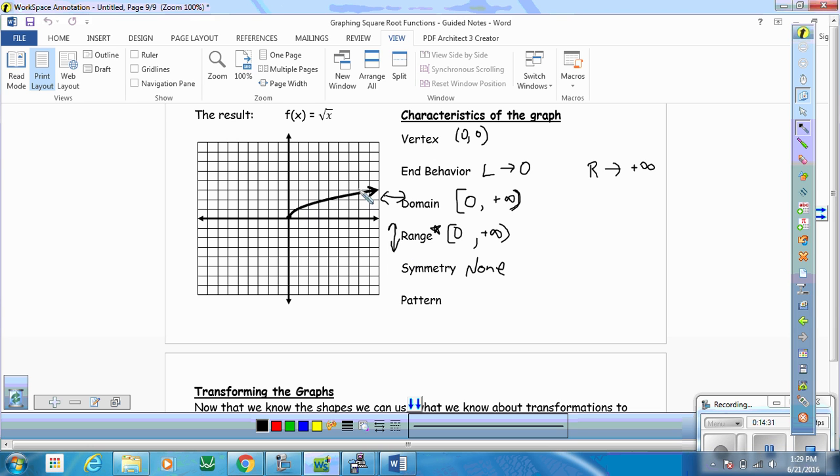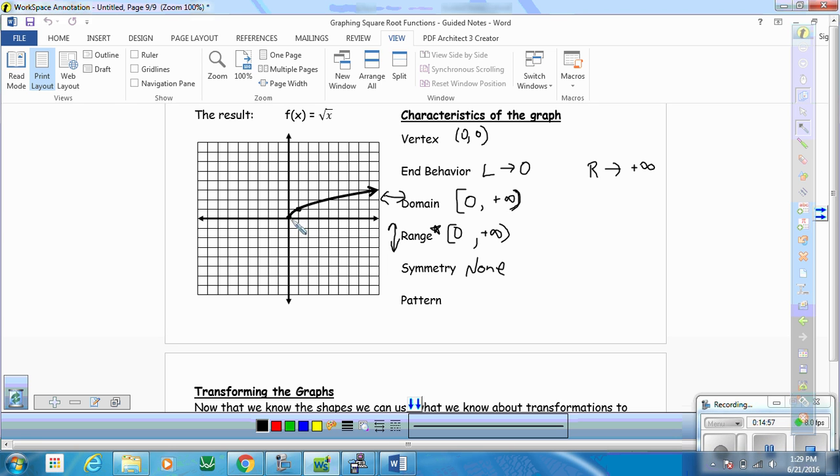It does follow a pattern, just like our quadratic followed a pattern. We have 0, 0. We're taking square roots. So it's always, if you remember for squares, if we went over 1, we went up the square. If we went over 2, we went up 2 squared. Well, x and y have switched places. So now instead of going over and then up the square, I'm going to go up and then over the square.